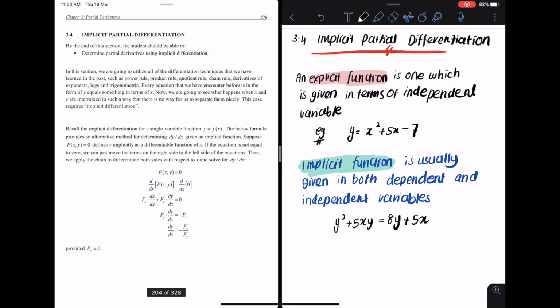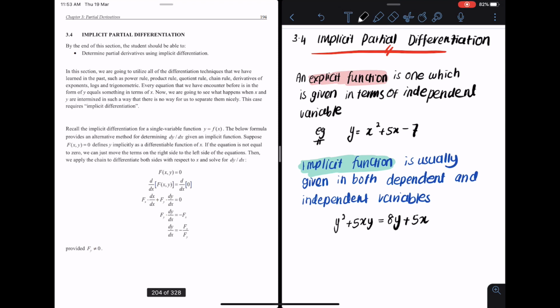By the end of this topic, you should be able to determine partial derivative using implicit differentiation. Before we go further, you should be able to determine whether the function is written in its explicit form or implicit form.